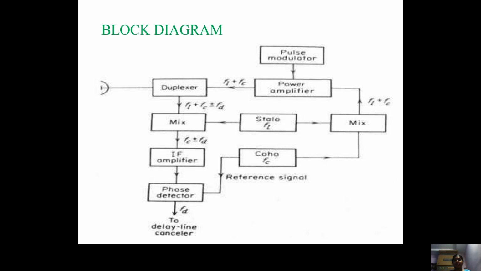That is why FC plus or minus FD is given to the phase detector, and from the coherent oscillator the reference signal is given to the phase detector. Here the same carrier frequency FC is cancelled, and the difference signal of main interest, the echo signal which has undergone frequency shift by the Doppler frequency, is obtained. This will be given to the delay line canceller for further improvement.